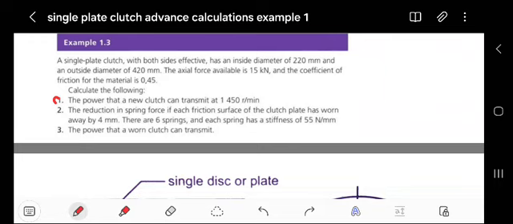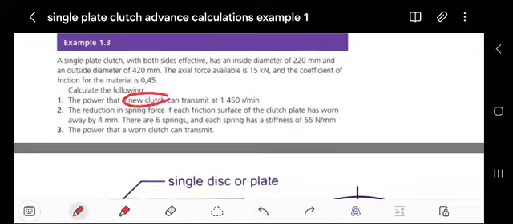Question 1 wants us to find the power that a new clutch can transmit. Take note of what is important: you must be very careful when you're talking about new. When you're dealing with a new clutch, you must know that we are under uniform pressure theory.